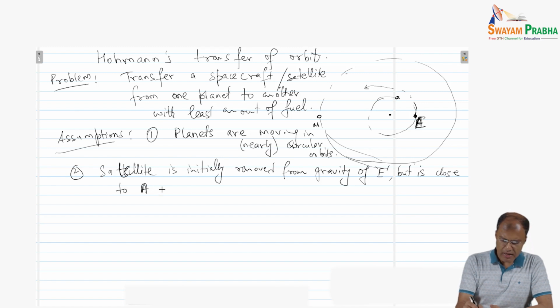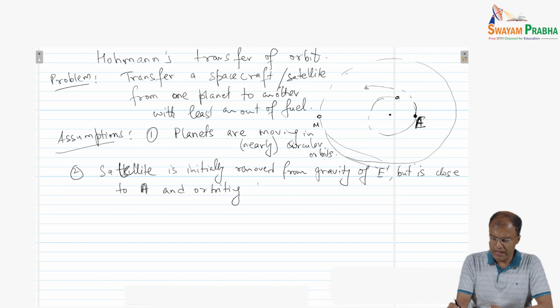And the Earth is orbiting the Sun as well, and orbiting the Sun in the same orbit as E, right?